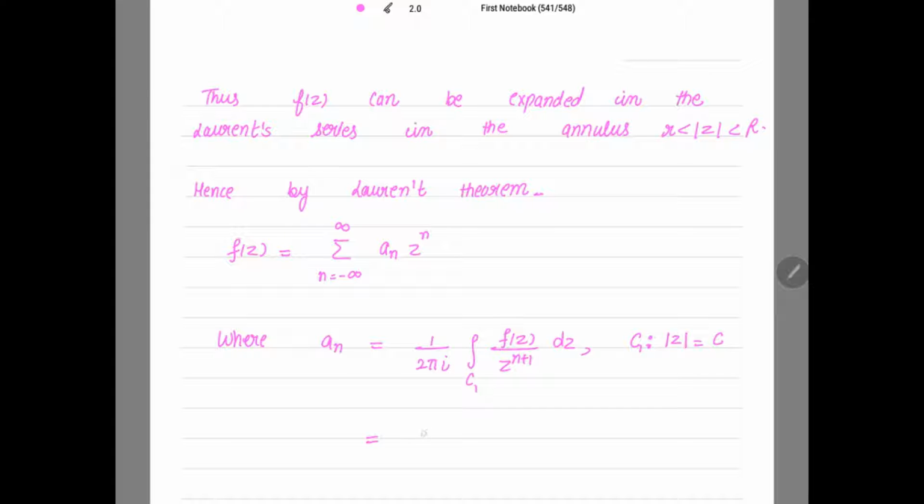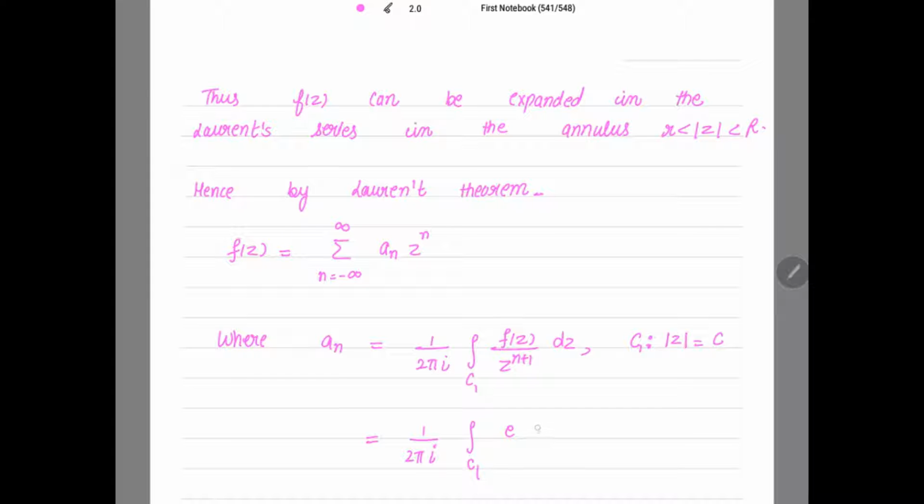So this is equal to 1 over 2 pi iota, integral 0 to 2 pi, and the value for f(z). First write C1 only because we are not putting the value for z in this step.